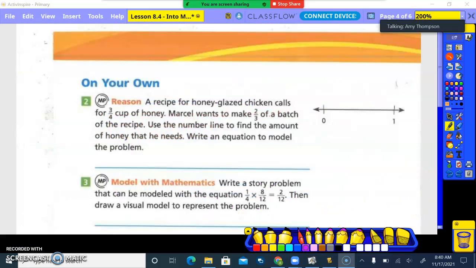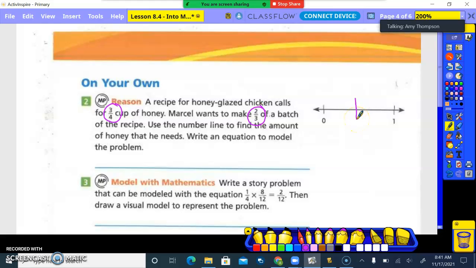On your own. A recipe for honey glazed chicken calls for 3/4 of a cup of honey. Marcel wants to make 2/3 of a batch of the recipe. Use the number line to find the amount of honey that he needs. Write an equation to model the problem. So we have 3/4 and we have 2/3. So we need to do what first? The fourths, right?